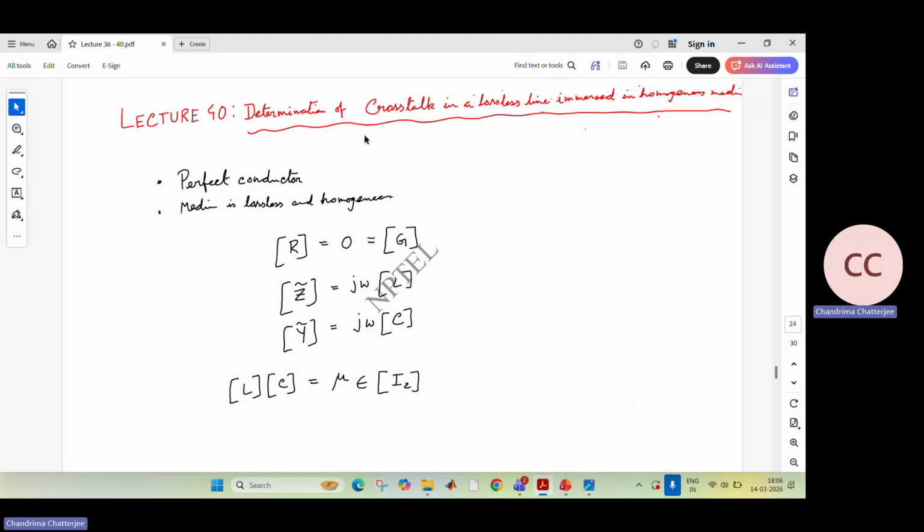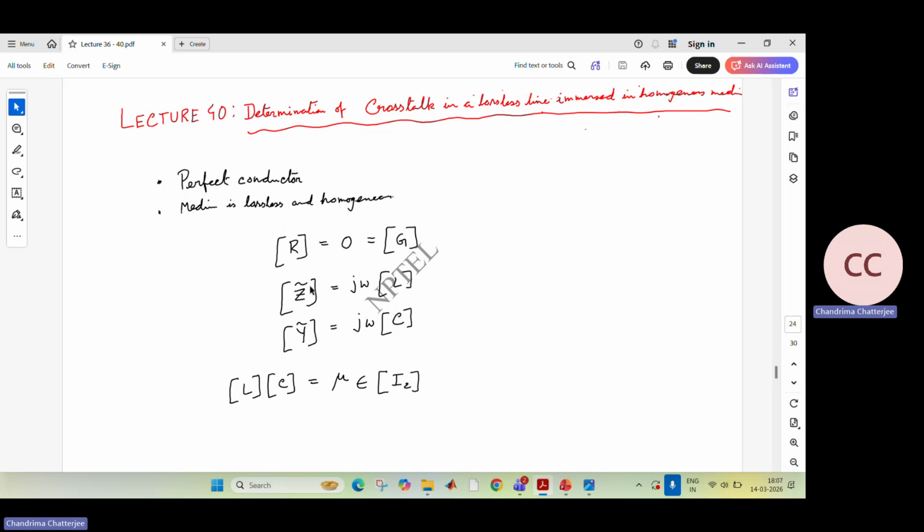Whenever we are determining crosstalk in a lossless line immersed in a homogeneous medium, we take certain assumptions: that the conductor is a perfect conductor, that means it is lossless, and the second one is obviously the medium is lossless and homogeneous. When we assume that the conductor is lossless, then obviously R matrix and G matrix will be zero matrices.